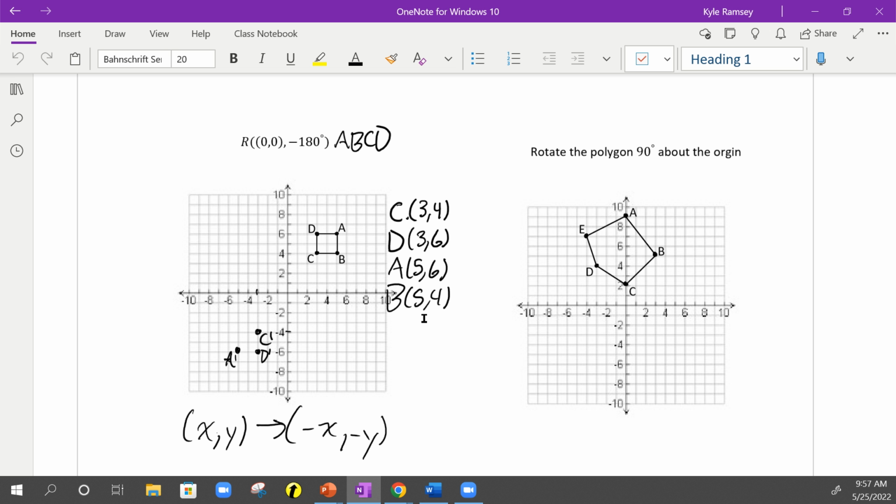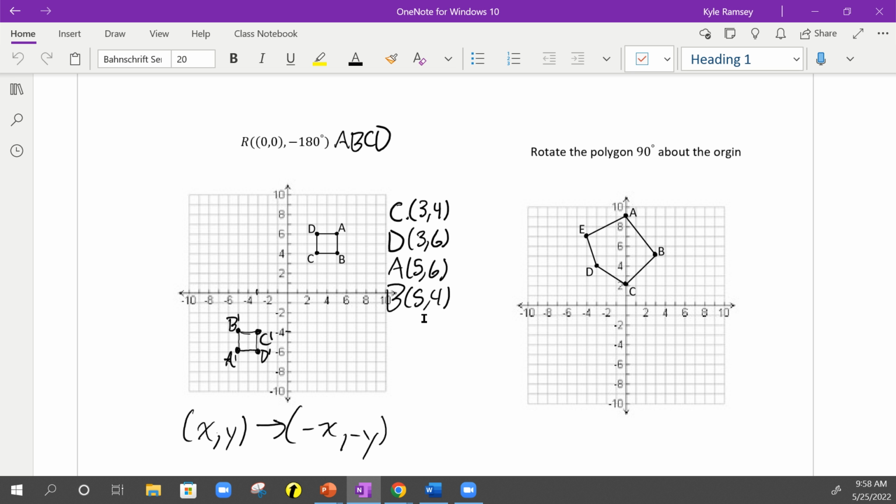And B will be at negative 5 and negative 4. And we simply draw the shape in. Done.